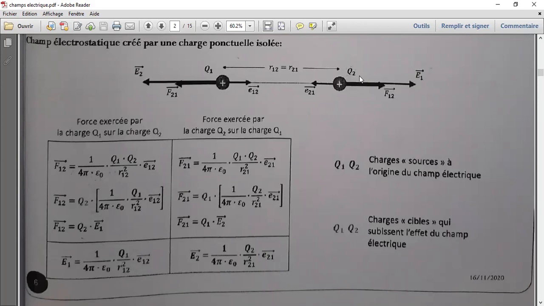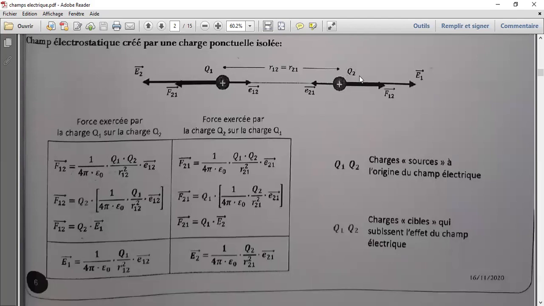When it comes to the champ electric, here we are seeing E2, and on the other side it's E1. Is that showing the direction where it's going for Q2? Yeah, it's showing the direction.